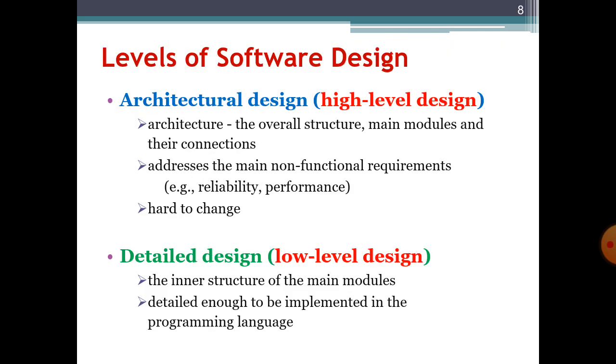Now here there are different levels of software architecture. As we discussed earlier, the design phase is further divided into two different levels. The first level we call the architectural design, and the next level we call the detailed design. Architectural design we also call high level design, and the detailed design we also call low level design.